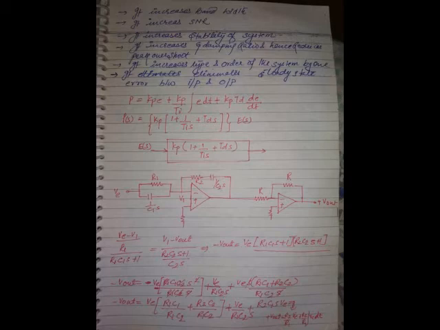So when bandwidth increases, noise gets amplified, and when noise is getting amplified, the S by N ratio, signal to noise ratio, reduces. So what is the effect of this controller on signal to noise ratio? It reduces. You understand?